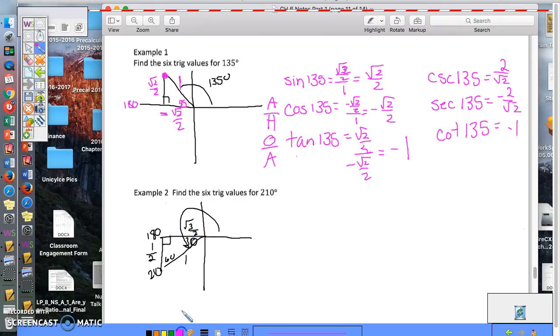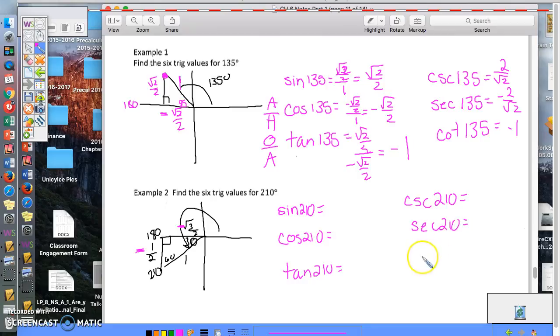But let's think about the positives and negatives: backwards and down in this third quadrant, so negative and negative. So once again, we have the sine of 210, cosine of 210, tangent of 210, cosecant of 210, secant of 210, and the cotangent of 210.